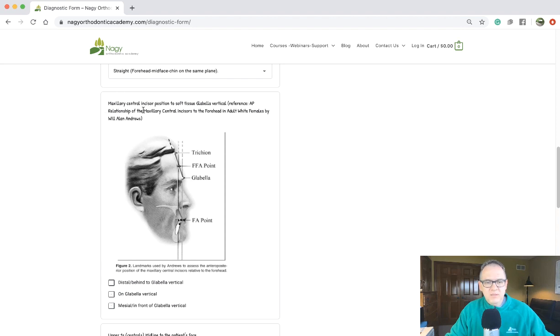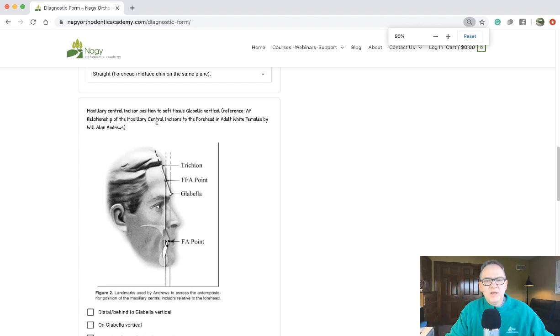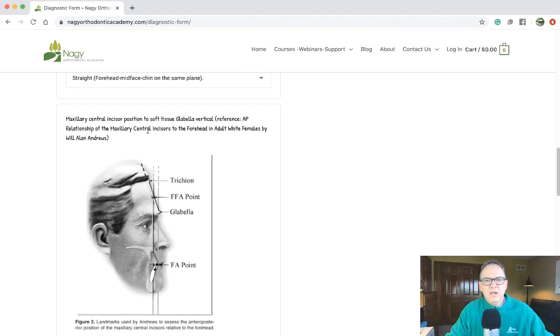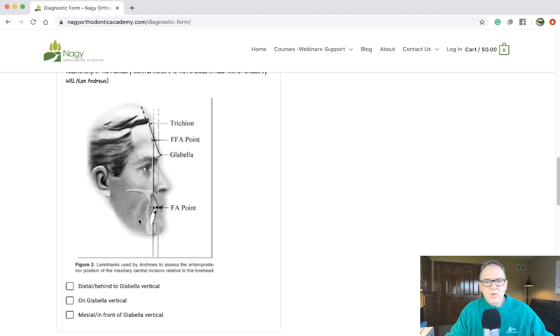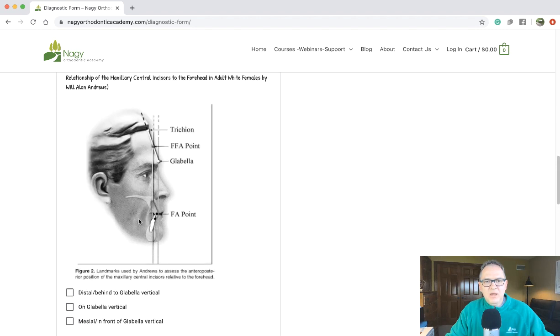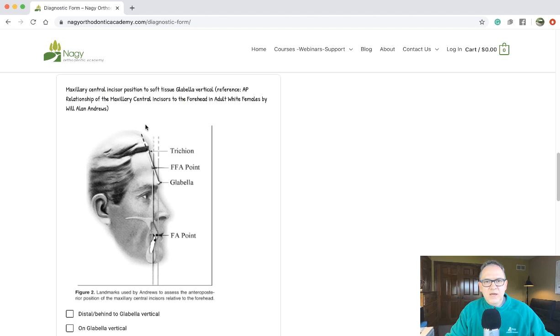But it's the maxillary central incisor soft tissue glabella vertical, and that basically determines where the central incisor should be. Okay, so what you do is you look at this line. This is glabella, and you have a line to the forehead.